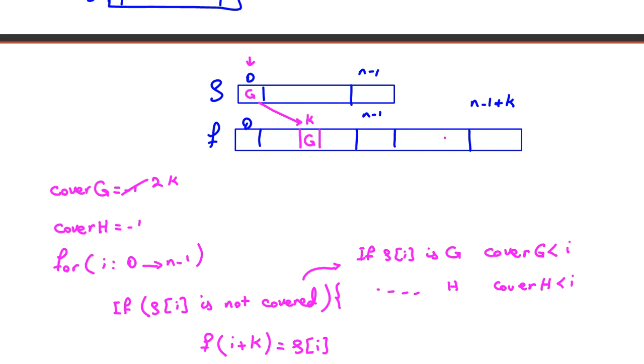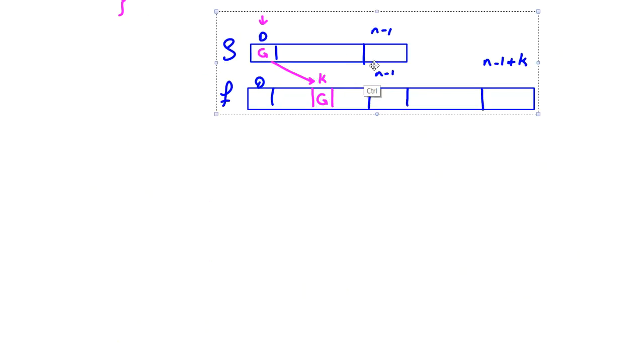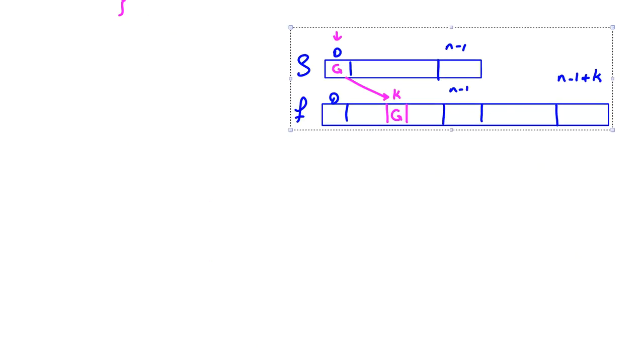Now at the end we have one thing. You should check F, that what happens for F. Let me check for F. At the end you should check here.